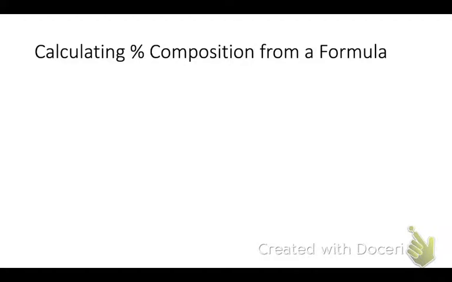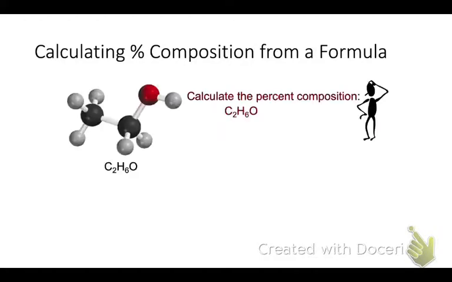Let's look at the following. If I have this compound here, which is ethanol, and I want to calculate the percent composition, it means that I want to calculate the percent composition of the carbon element, the hydrogen element, and the oxygen element. Let's start with the percent composition of carbon. I need to have the mass of the carbon in the compound. However, I have 2 atoms of carbon.